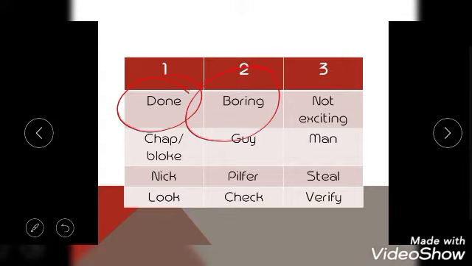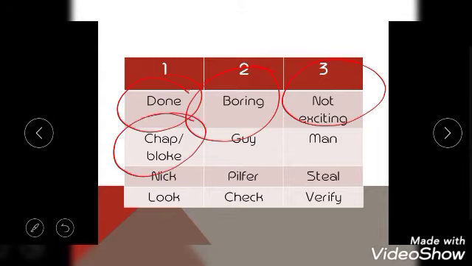For the informal, we have boring, in casual or daily conversation. But for formal forms or written language, we have to use exciting, which is more appropriate.